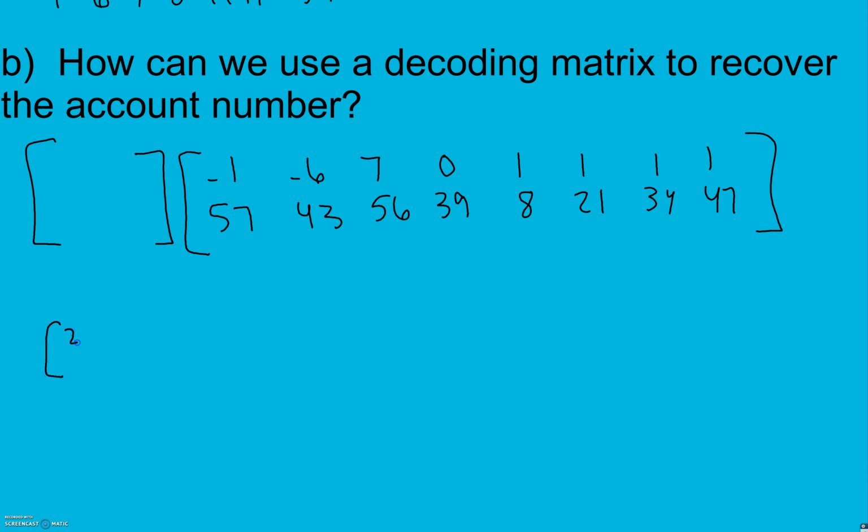So we had 2, -1, 3, 5. To find the inverse, we take our determinant, which is 2 times 5 minus 3 times -1. 10 plus 3, 13.